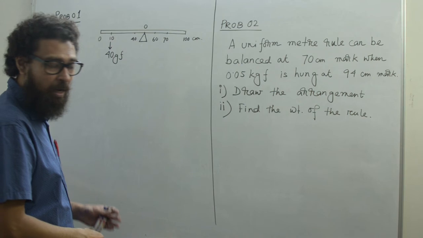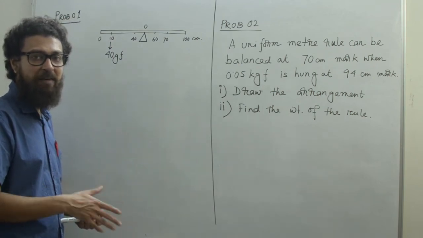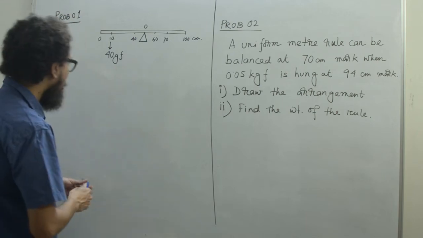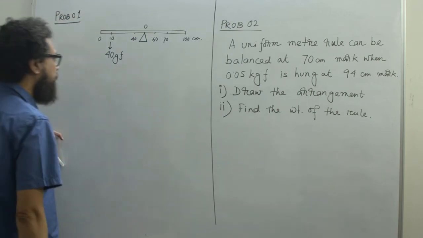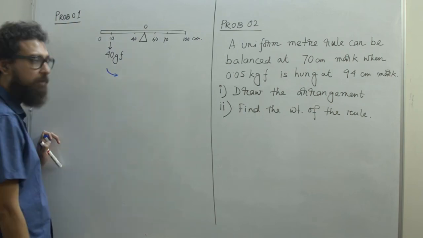This is the question: how we can balance the rule by placing 80 gram force on the other side of the pivot. Now the first thing that we should start with, we have to first draw the diagram like this.